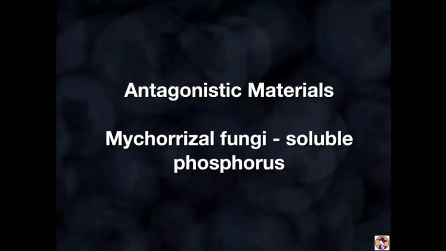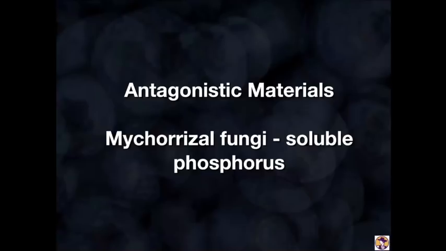So let's also speak for a moment about some of the antagonistic materials. The antagonistic materials that we've seen that do not work well together at all is when we combine, one example is when we combine mycorrhizal fungi with soluble phosphorus.